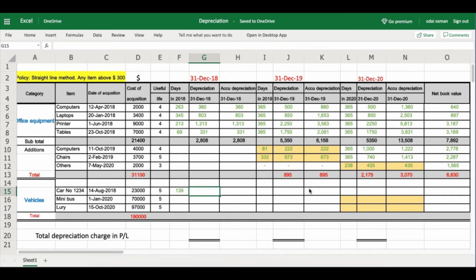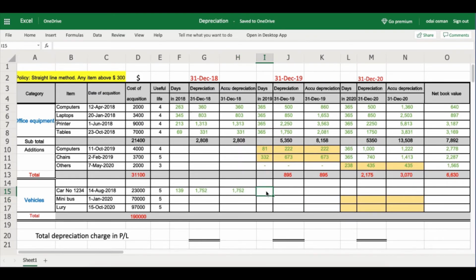The depreciation in 2018 is calculated as equal, open the bracket, the acquisition date divided by the useful life, close the bracket, times the days in 2018 divided by 365 will give us the depreciation charge for 2018, and the accumulated depreciation again equal to, in the first year, equal to the depreciation charge.